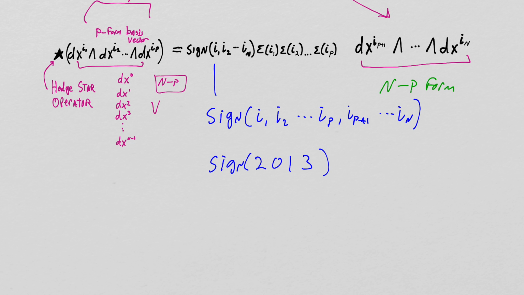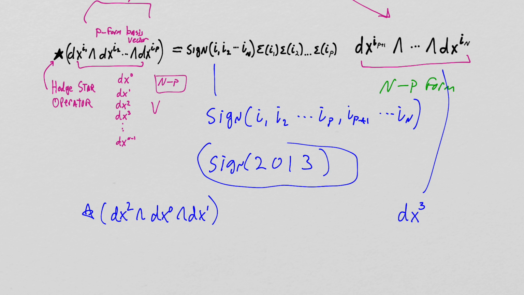In which case you are looking for the Hodge dual of dx2 wedge dx0 wedge dx1. And on this side, you end up with what's left over. Well, the only thing that's left over in a 4-dimensional vector space is dx3, right? So you end up with this question of what is the sign of this sequence 2, 0, 1, 3?